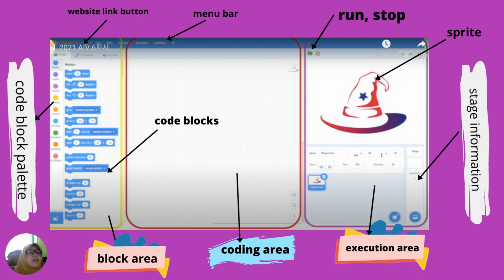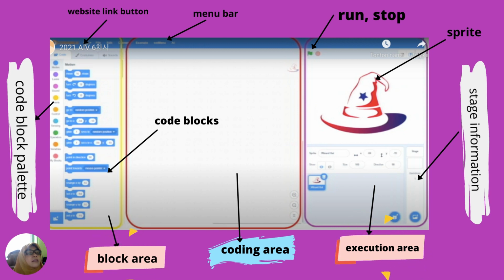Run and stop button is a button to execute or stop the written code. Code block palette is a palette that categorizes code blocks at a glance.